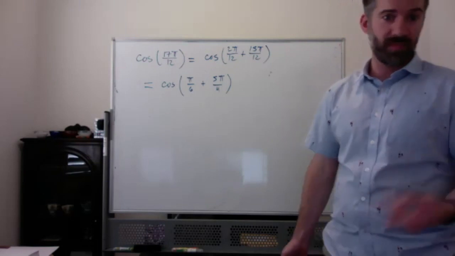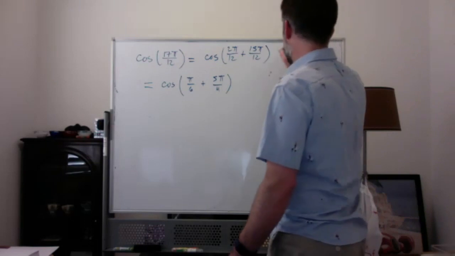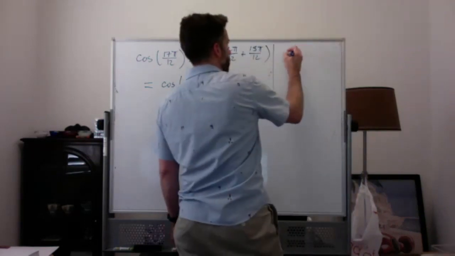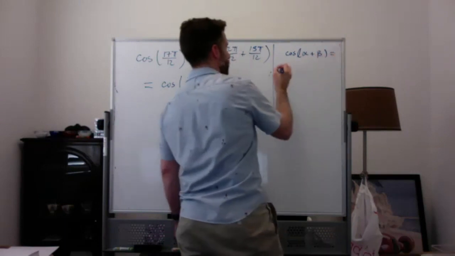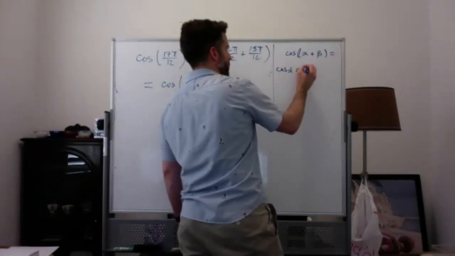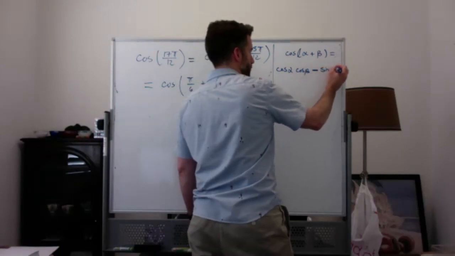So the formula here should actually be cosine alpha. In fact, let me write it down. Cosine of alpha plus beta equals cosine alpha times cosine beta minus sine alpha times sine beta.